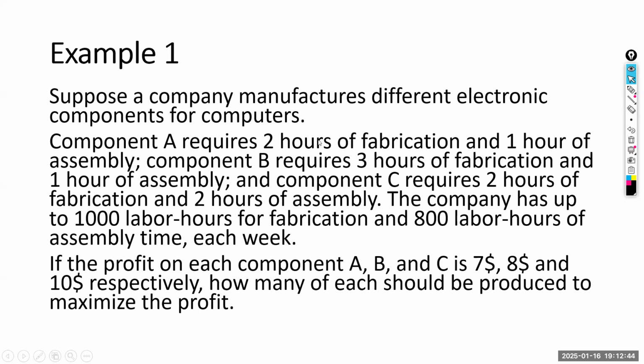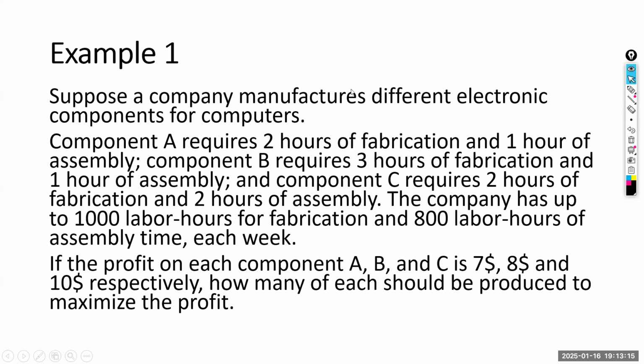Component B requires 3 hours of fabrication time and 1 hour of assembly time. Component C requires 2 hours of fabrication time and 2 hours of assembly time. The company has up to 1,000 labor hours for fabrication and up to 800 labor hours for assembly each week. So you need to calculate this on a per week basis.